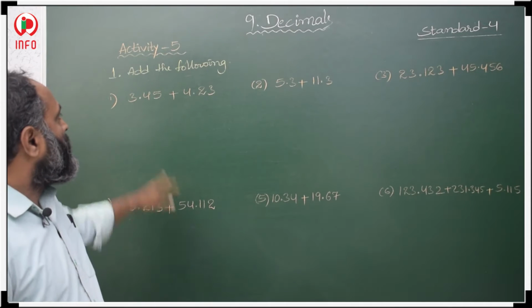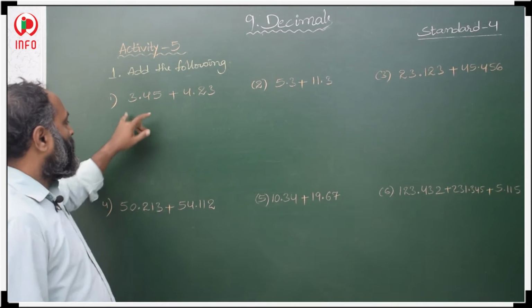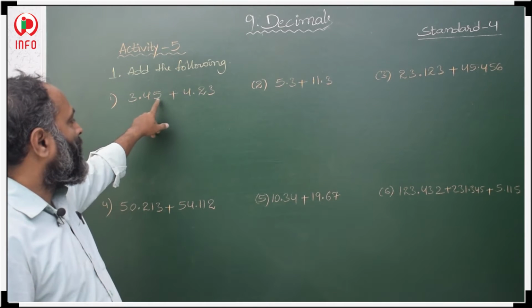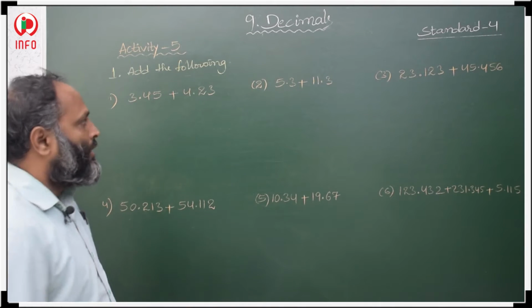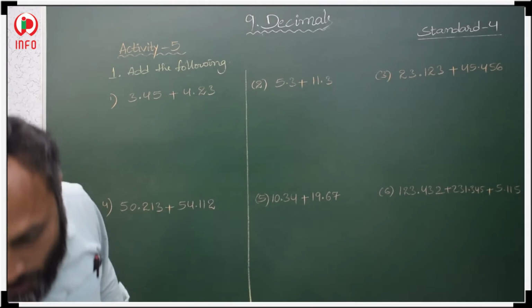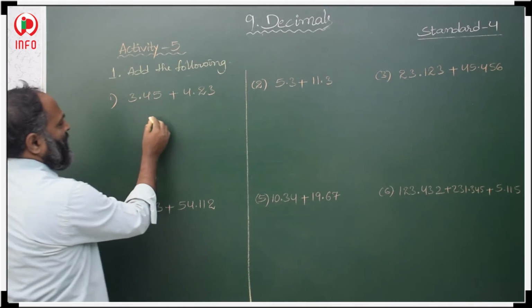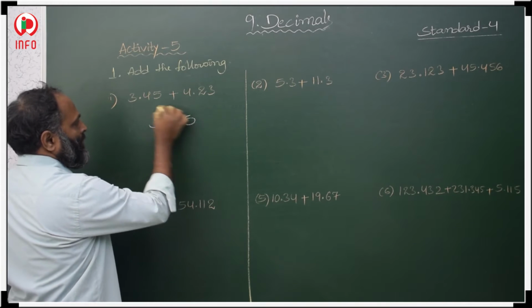Now here, in activity 5 we have to add the following. First is 3.45, the second decimal is 4.25. First, what do we have to do? We have to arrange the decimals. First decimal 3.45. This is the first one.